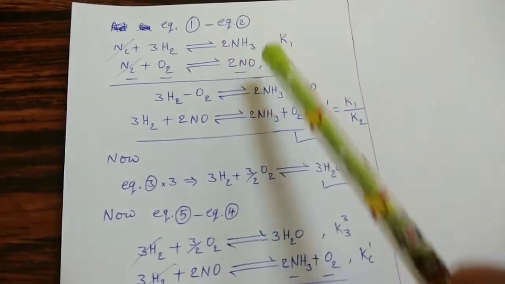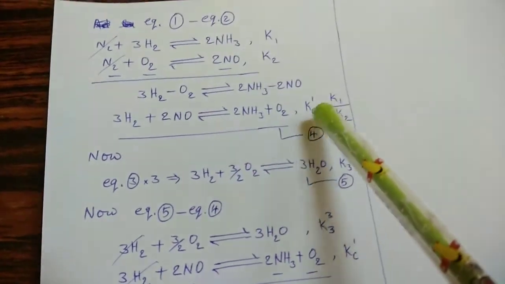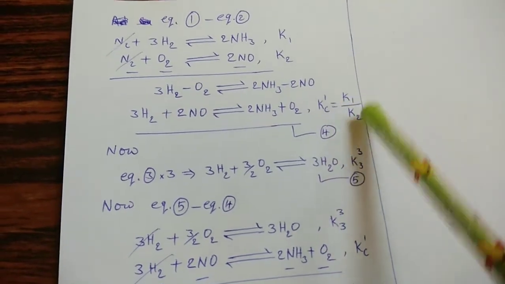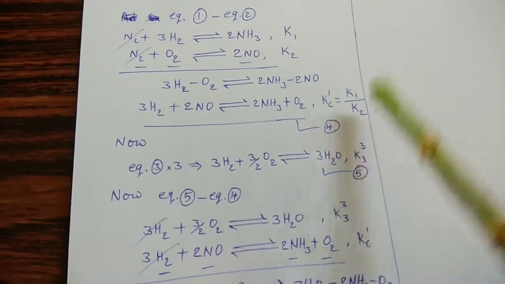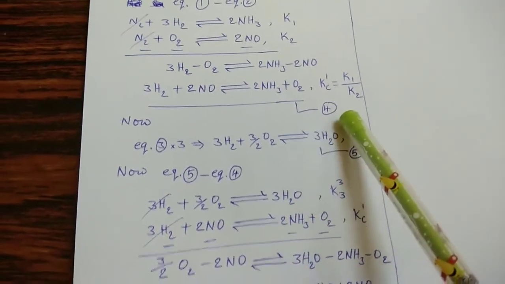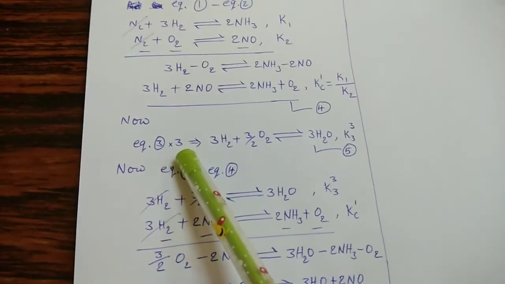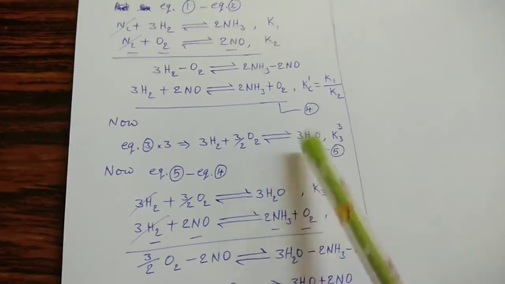See this, here subtraction takes place. Equilibrium reactions are subtracted. That's why the equilibrium constant of the resultant reaction is obtained by the division of the respective equilibrium constants. K1 divided by K2. Let it be equation 4. Now, the given third equation is multiplied by 3: 3H2 plus 3 by 2 O2 gives rise to 3H2O.